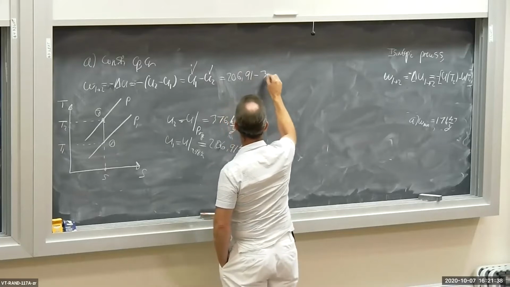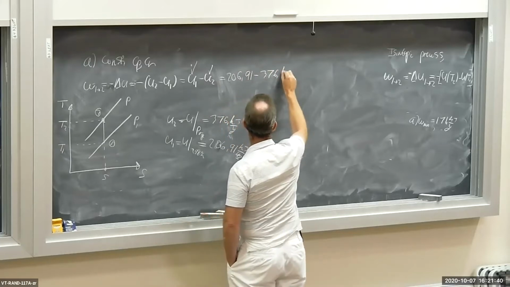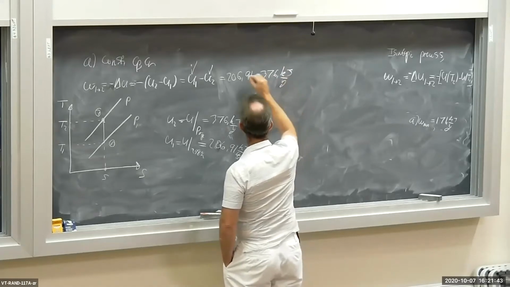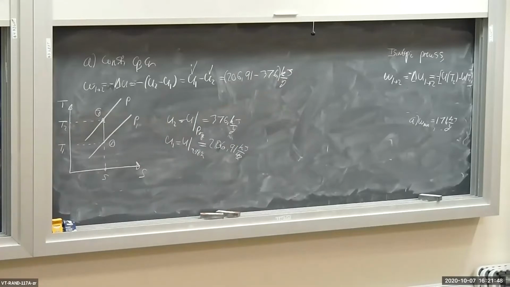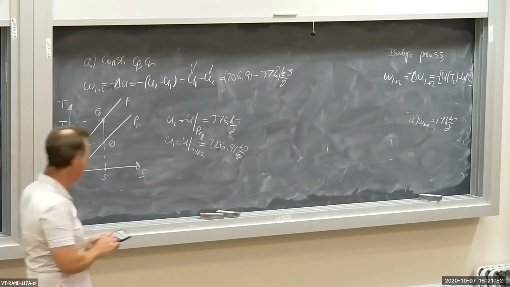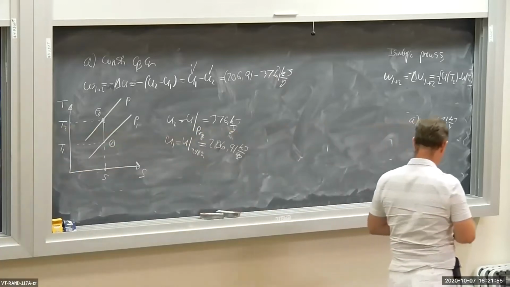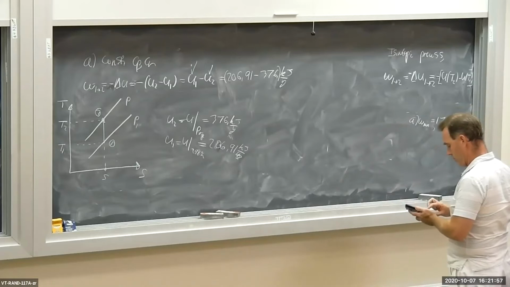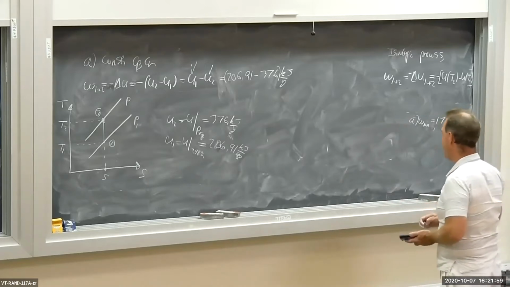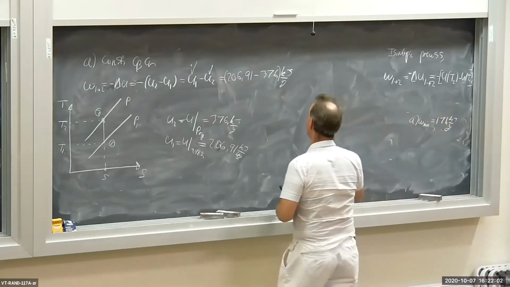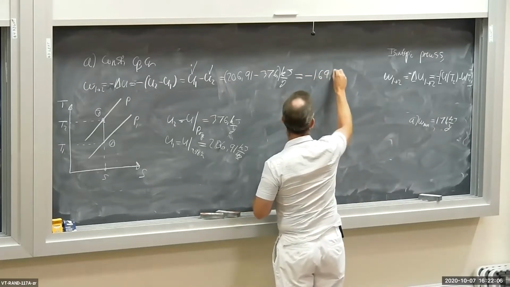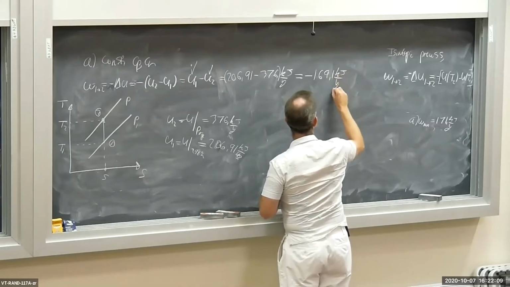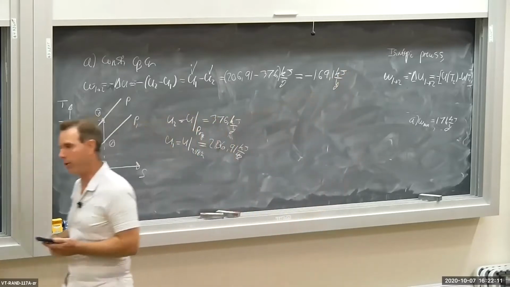So now we have 206.91 minus 376 kilojoule per kilogram. Let's see what we get. So I get negative 169.1 kilojoule per kilogram.